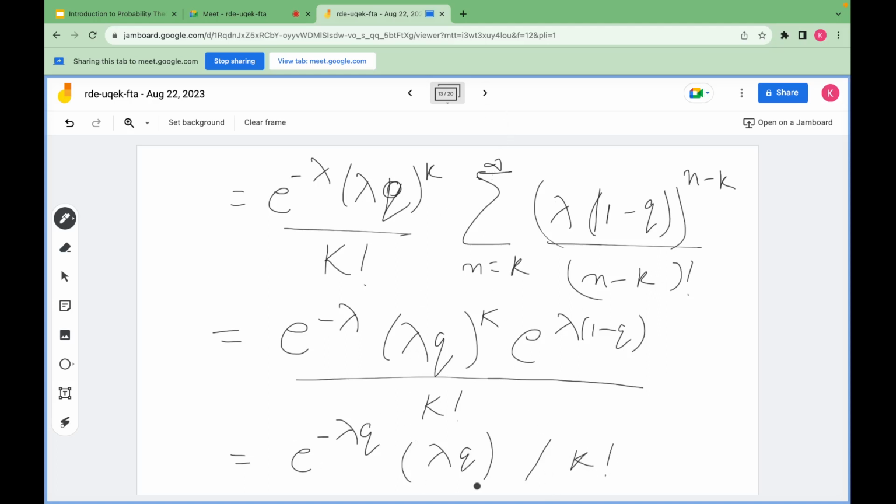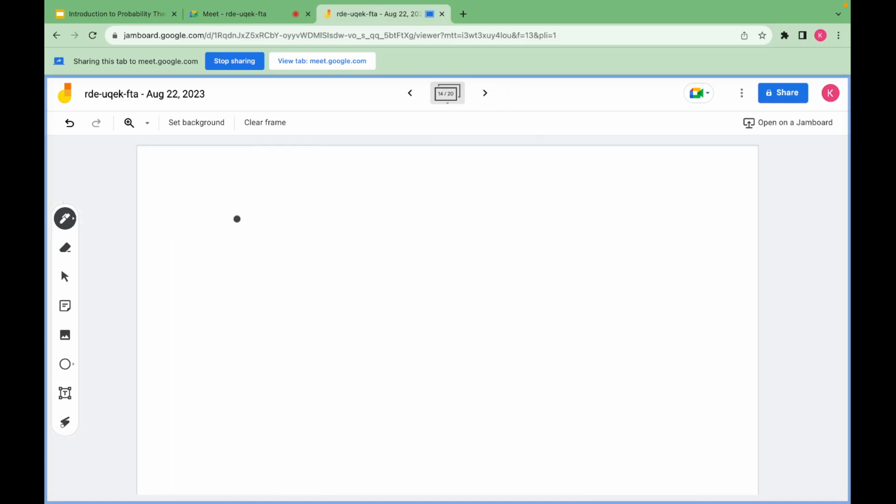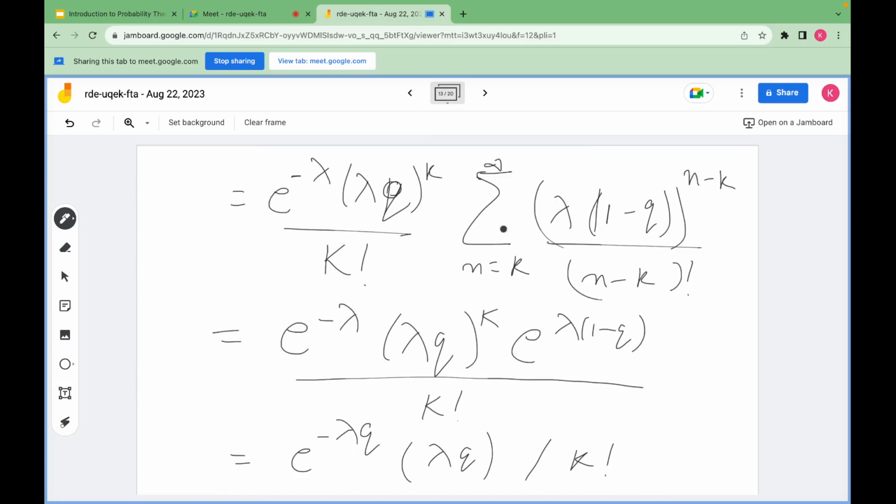So we can see that this becomes a Poisson distribution, so this z is a Poisson distribution with parameter lambda into q.